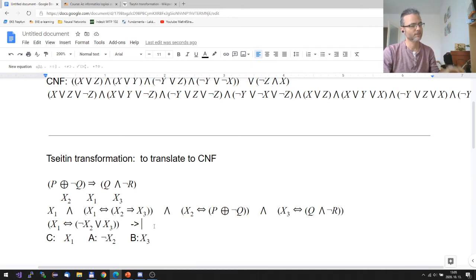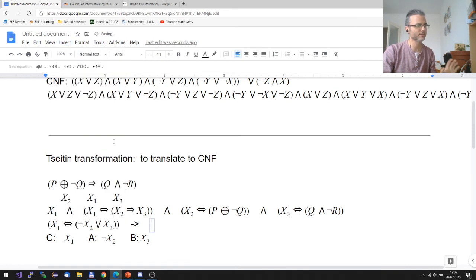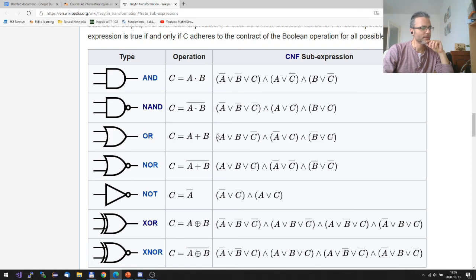Okay, so let me continue then. Meanwhile, if you have a question, please raise it. So now, this is the CNF I should write. It consists of 3 clauses. This is the first clause, the second clause, the third clause.